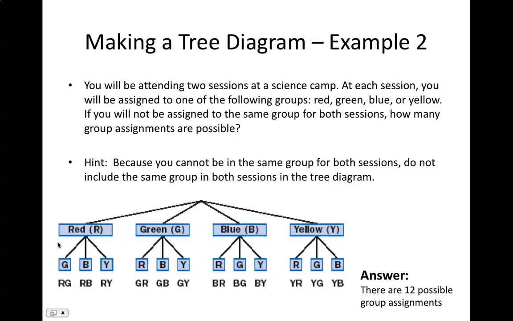So to look at those possible outcomes, you would notice that there are 12 possible group assignments. I could be red, green; red, blue; red, yellow. Then green, red; green, blue; green, yellow.